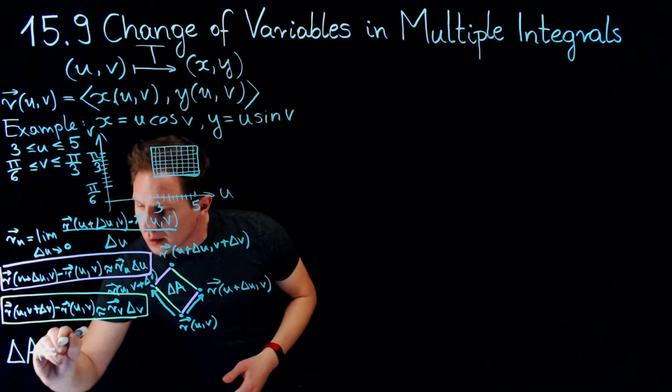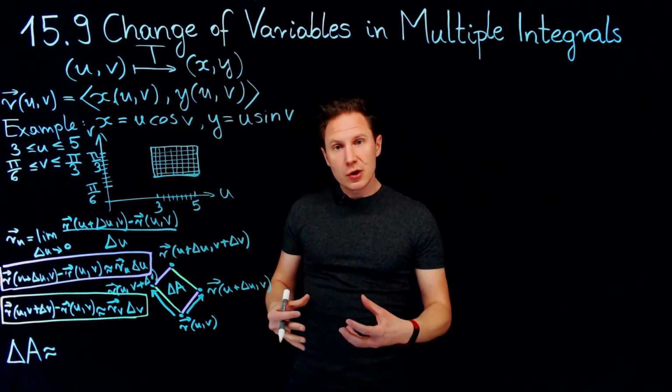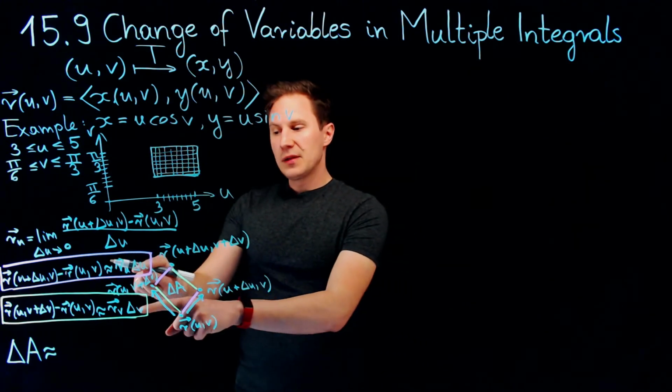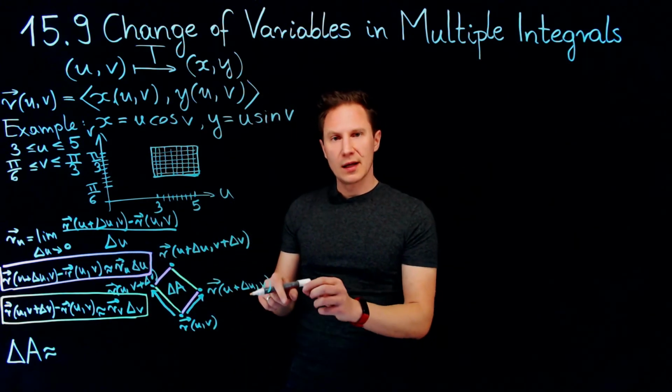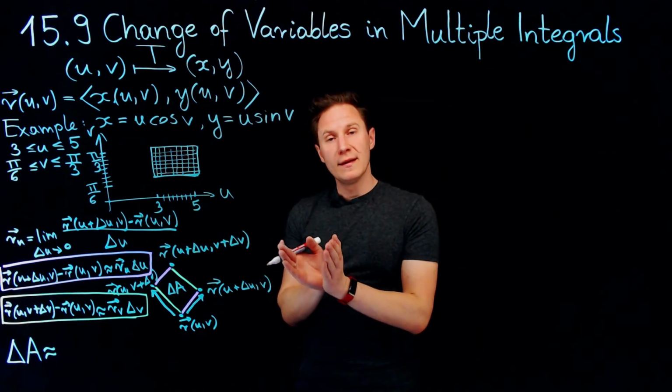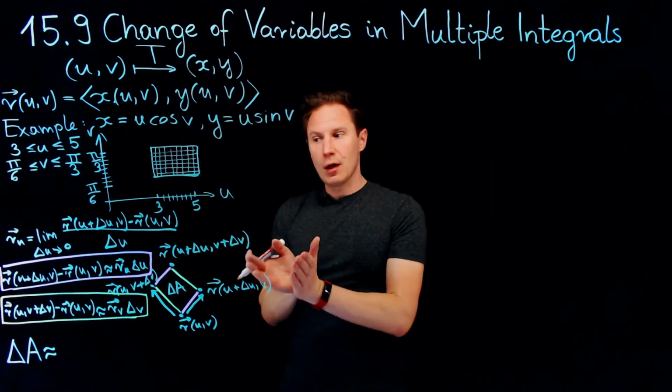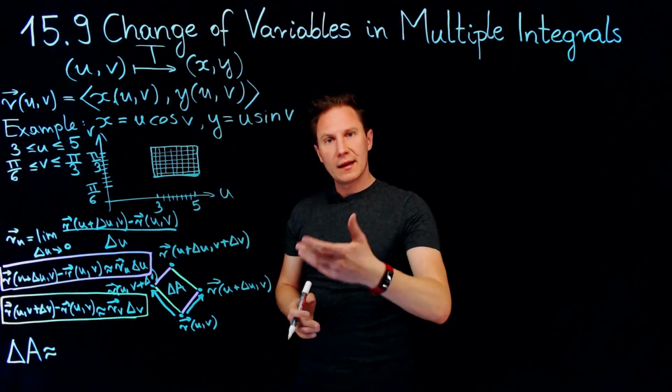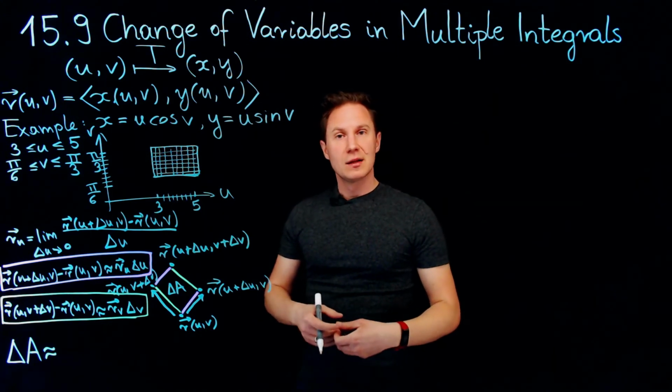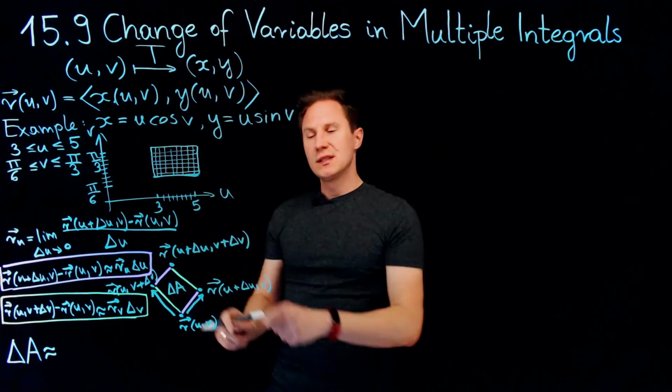So how can we approximate delta A? Well, it's the area of that parallelogram, which is the length of these two vectors multiplied by the sine of the angle between them. That's the formula for the area of a parallelogram. But if you look at that formula, that's basically just the length of the cross product of these two vectors.